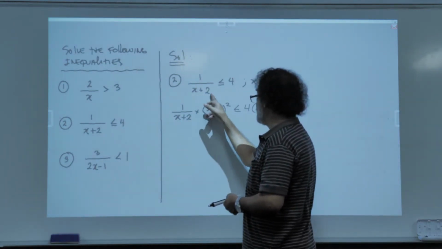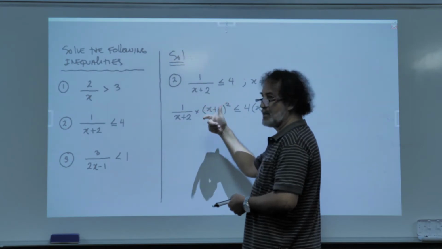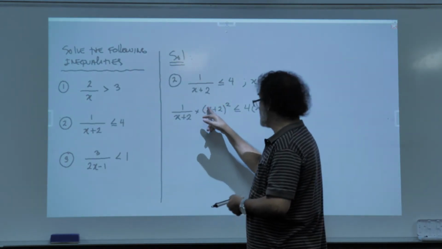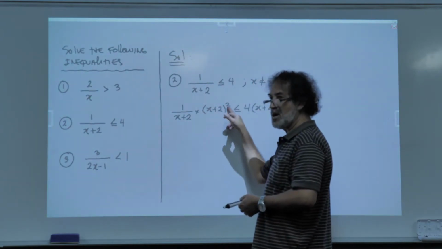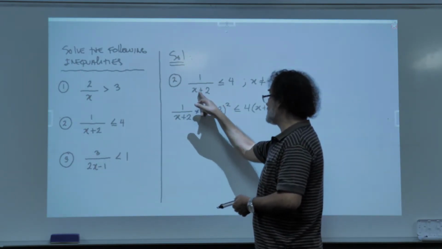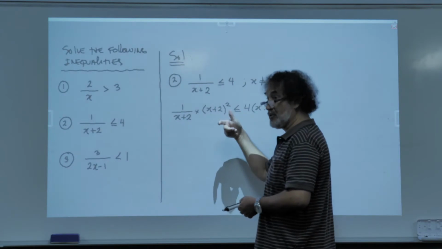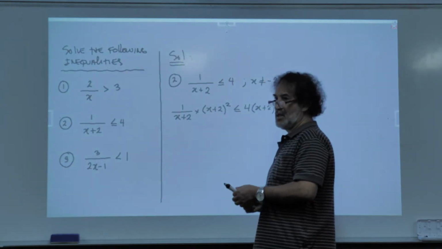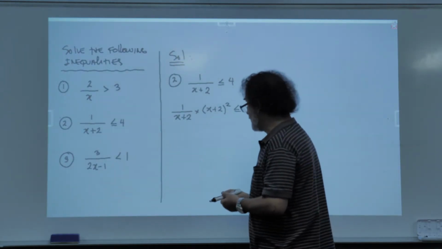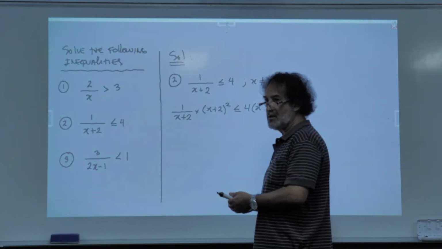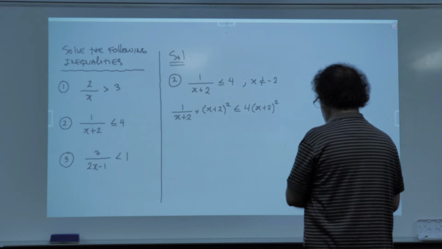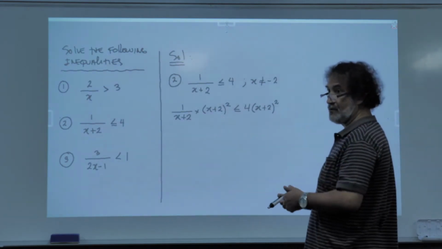Whatever you have in the denominator, you have to multiply by the square of that, because you know that this is a positive number. Even if you have x minus 2, when you square it, it will be positive. What if you had 2x? Then you multiply by 4x squared, because you really want to get rid of the fraction.